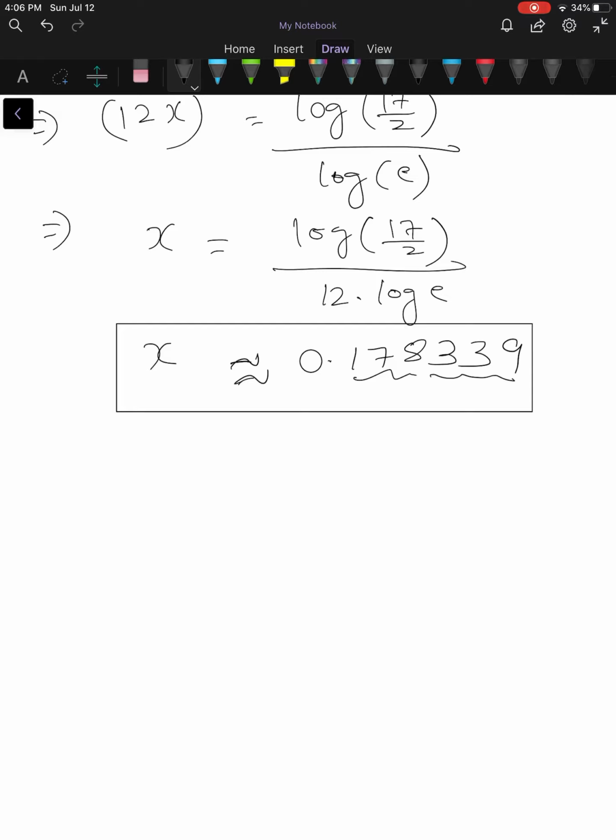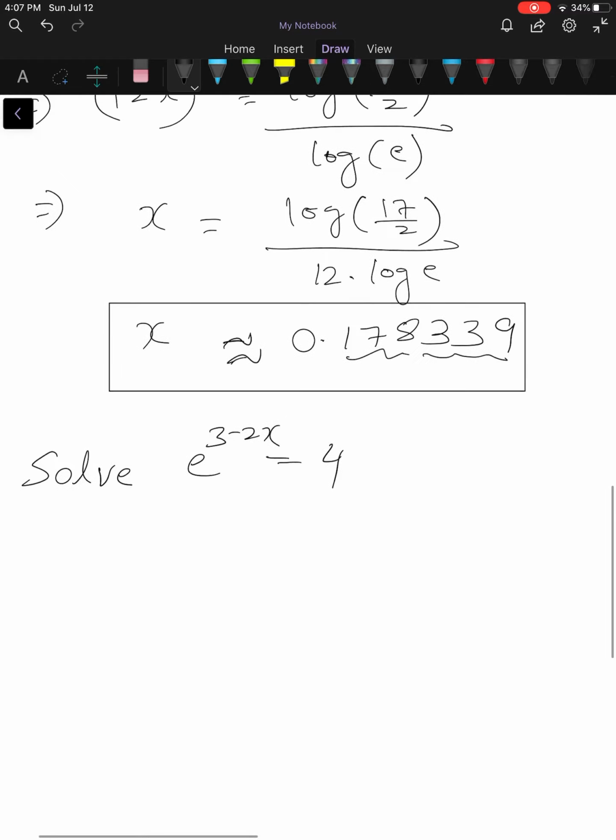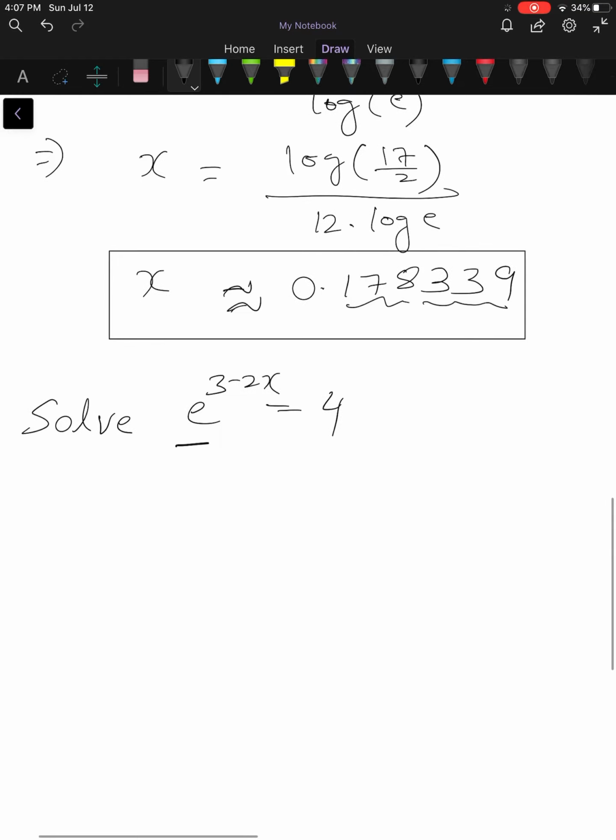So to solve using a graphical method, suppose you are given, say, solve the equation e to the power of 3 minus 2x is equal to 4. To solve it algebraically, again there is nothing new, you just have to follow the 3-step rule that we discussed above, using which we solved 2 problems.